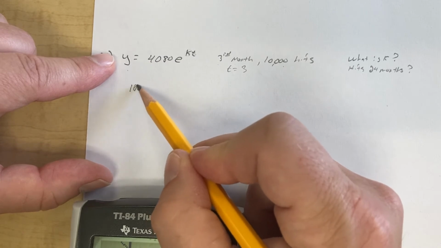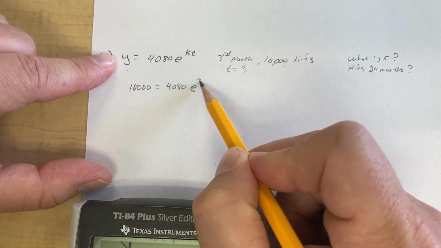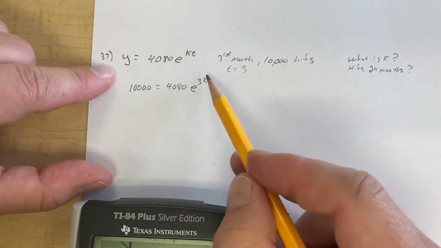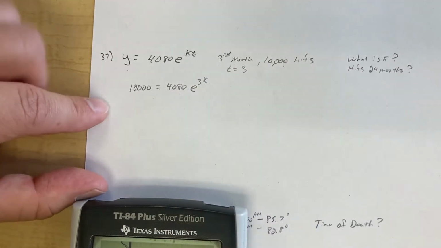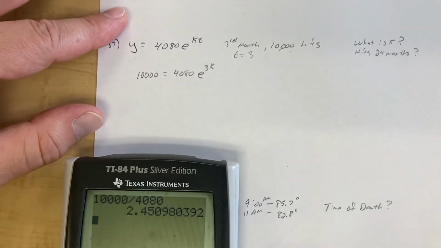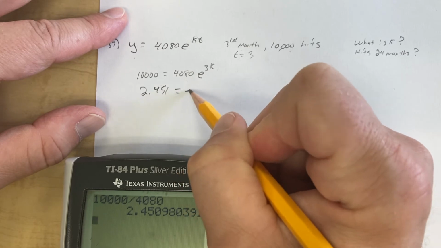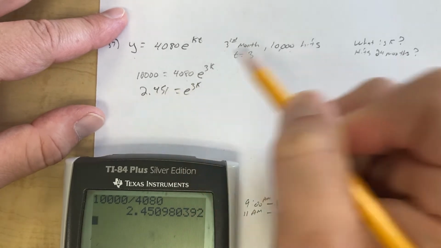So 10,000 equals 4080 e to the 3k. And we're trying to find out what that k is. So we're going to take 10,000 divided by 4080. And that gives us 2.451, if you will, equals e to the 3k.